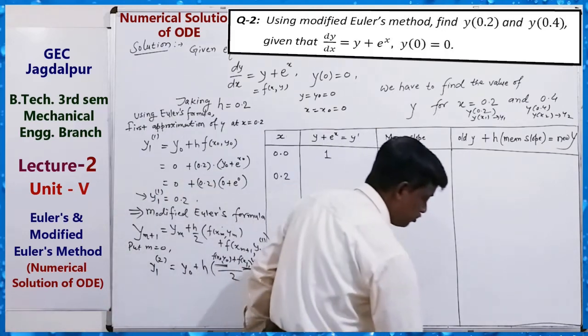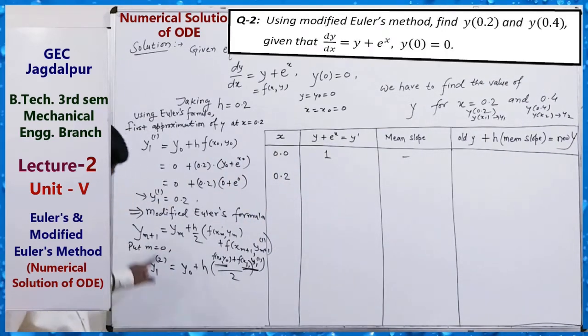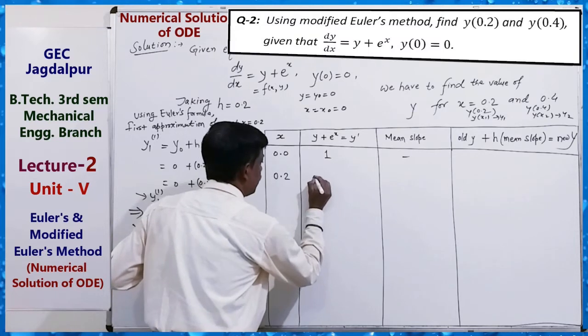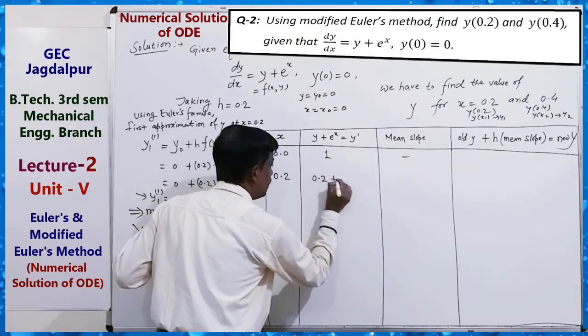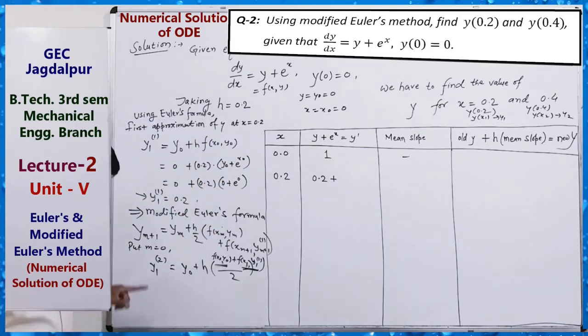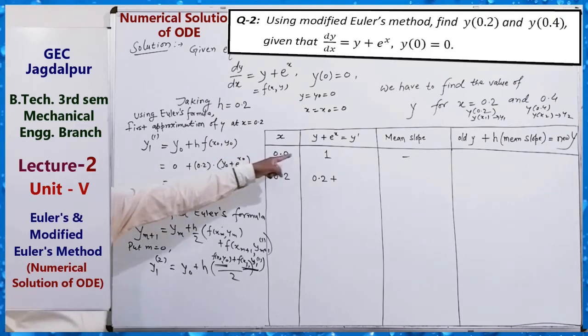So here we will write this previous value, 0.2 plus y, because this is the second approximation and the first approximation is here.